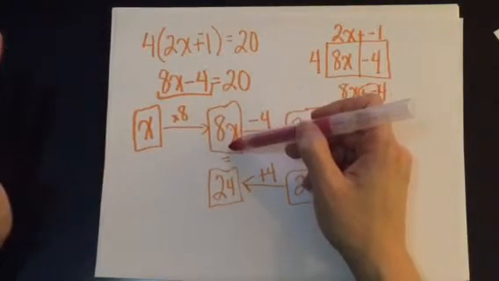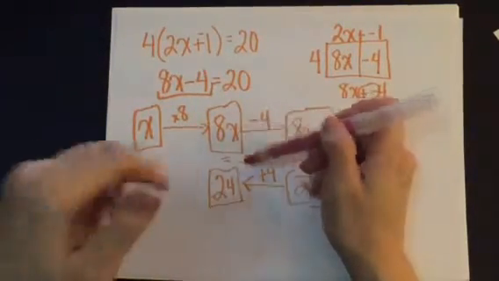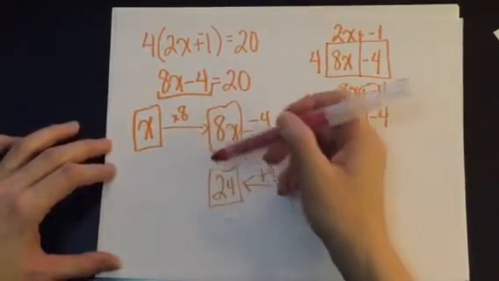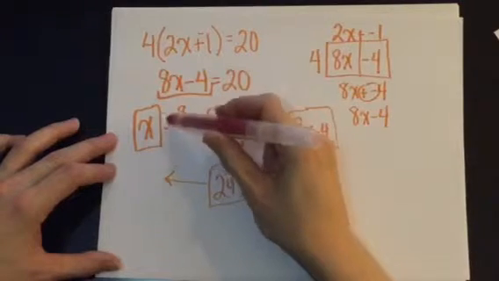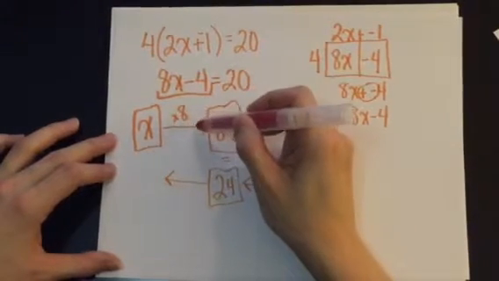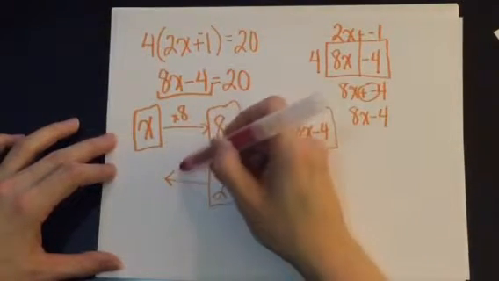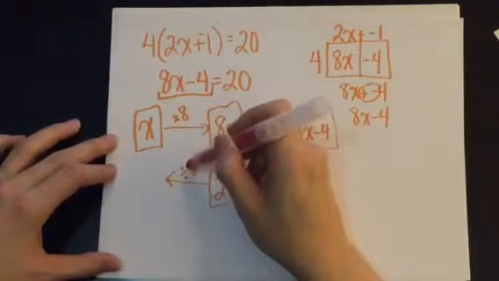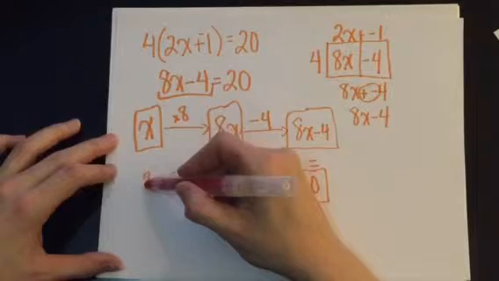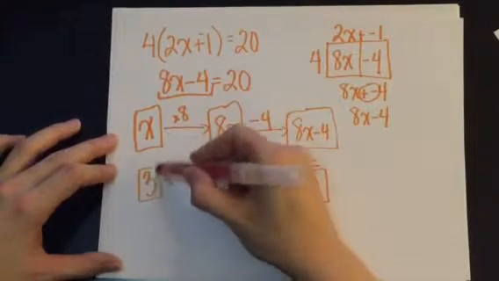And with your multiplication facts, you're probably thinking, oh, that's going to be 3. Well, let's check it out and see if it is. So I'm going to undo, do the opposite of multiply by 8, and I'm going to divide by 8. 24 divided by 8 is 3.